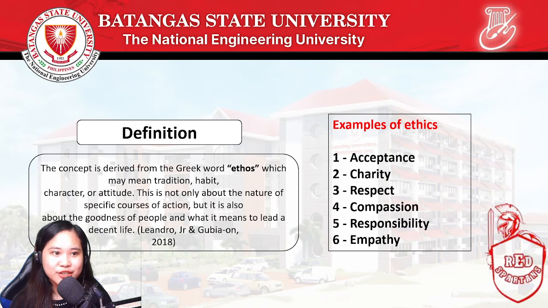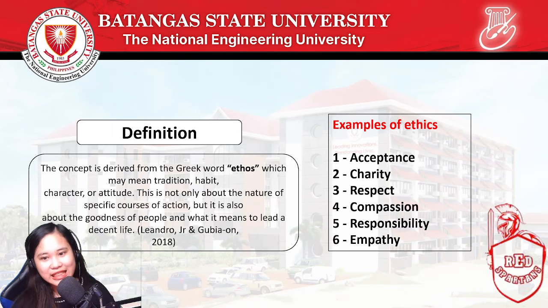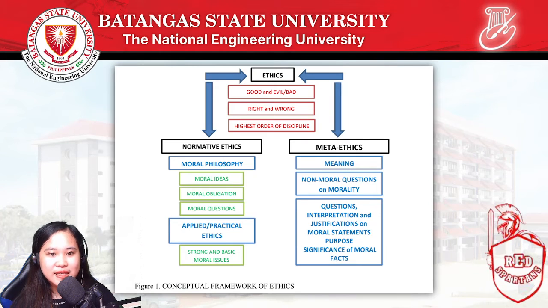So now, the branch of philosophy is divided into normative and meta-ethics. As you can see here, this is the conceptual framework of ethics. To easily understand what I'm saying, just look at the picture and distinguish. Ethics is divided into normative and meta-ethics.